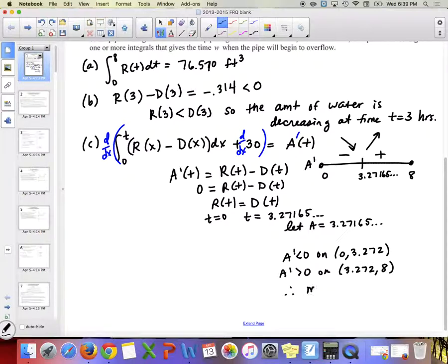Therefore, there is a minimum at t equals 3.272 hours. And that I believe would be enough justification.